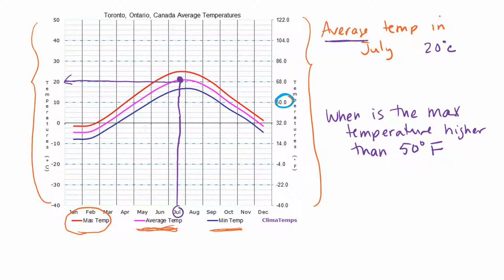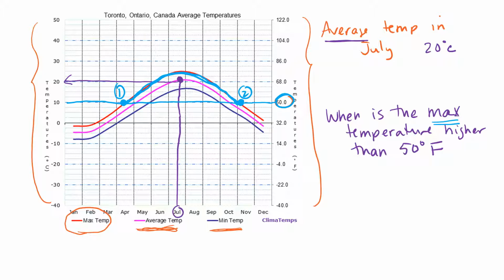I'm going to draw a line straight across. There's 50 degrees. Now where does that meet the maximum curve? The maximum curve is in red, so it meets it right here and again right here. And the red curve is higher in between those 2 points, in between point 1 and point 2.